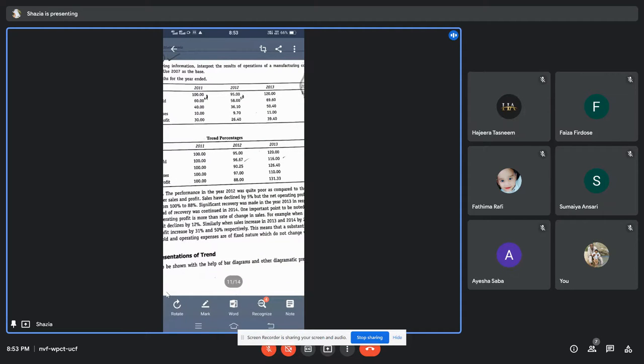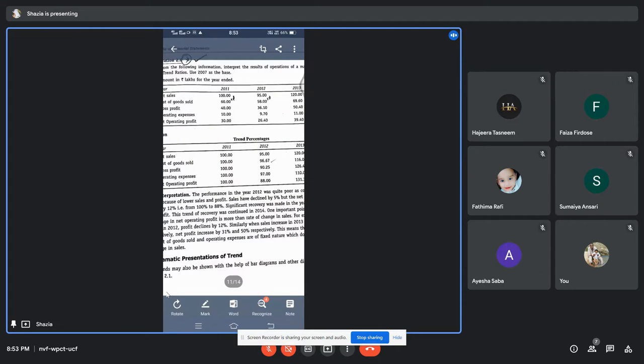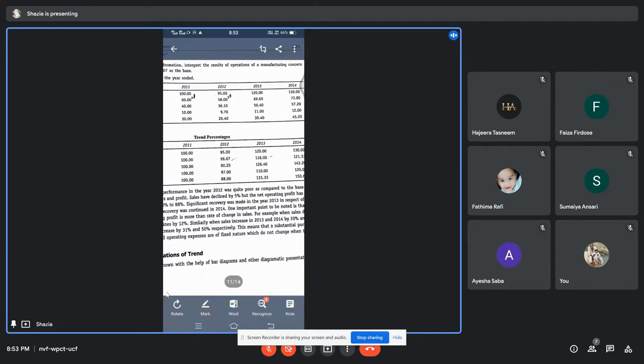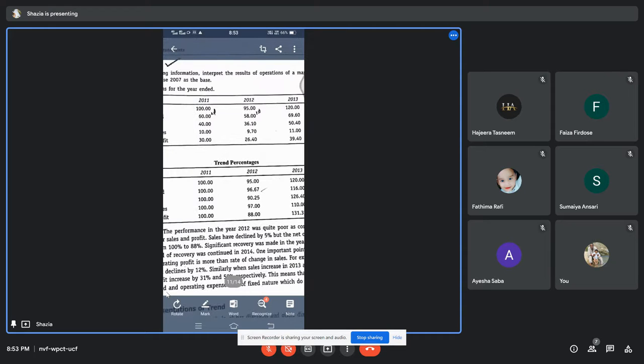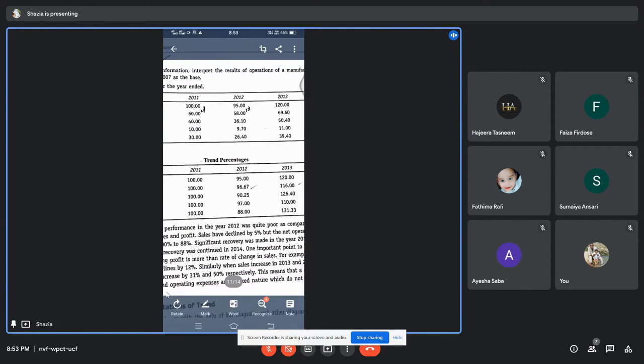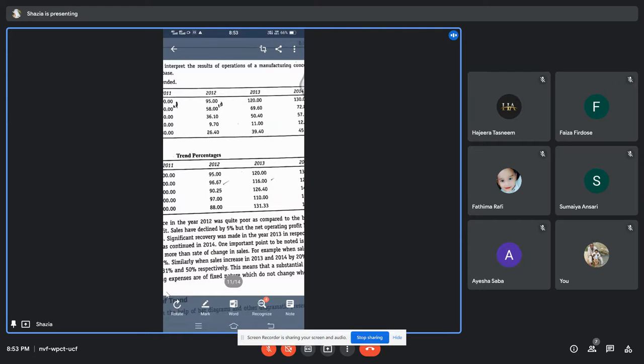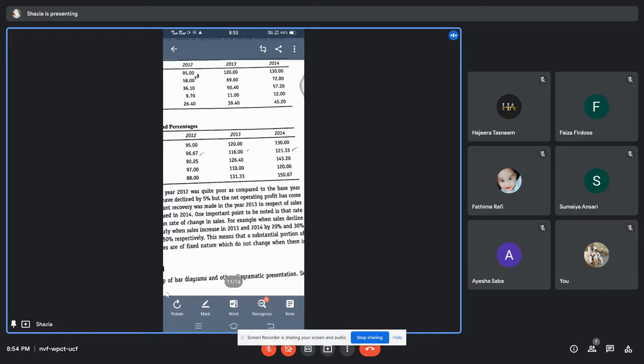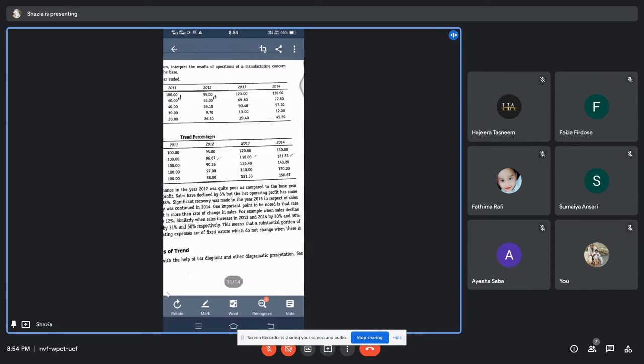So 36.10 divided by 40 will give you 90.25%. Then again 2013, 50.40 divided with the base year 40 into 100, it will give you 126.40. Then next 57.20 is 2014. The base year is 40. Then your answer will be 143.20. Okay. So like this, you have to keep on dividing it.